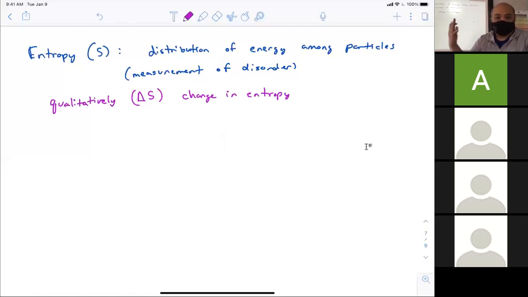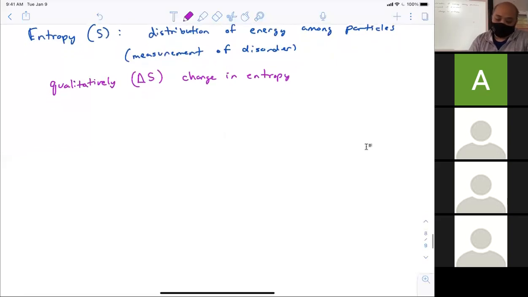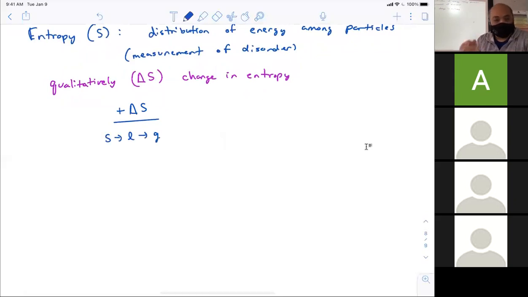Every entropy is positive, but the change in entropy can be negative or positive. Things that involve a positive entropy change: going from a solid to a liquid to a gas. Phase changes in that direction create more disorder and more entropy. A temperature increase can create some increase in entropy.